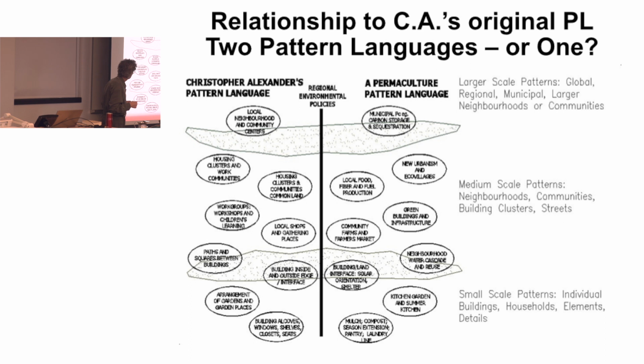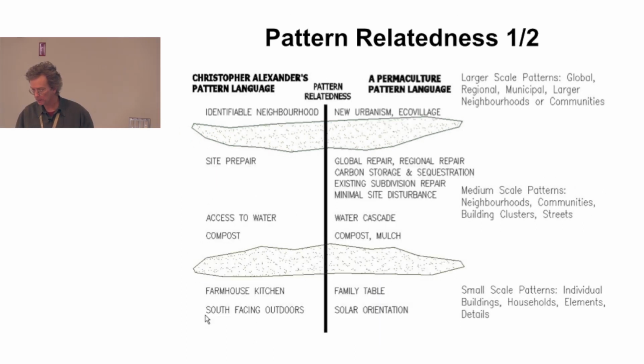Building inside and outside the edge interface. We're also looking at the interface and with things like solar orientation, because Christopher Alexander doesn't really associate too much with things like solar orientation. So that's how we're sort of evolving out of Christopher Alexander's work.